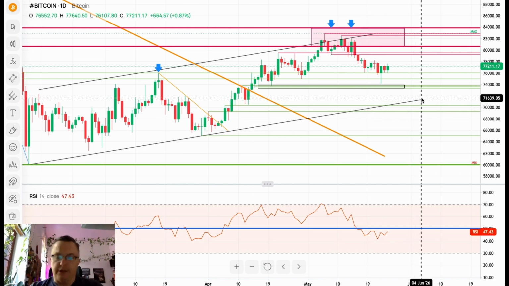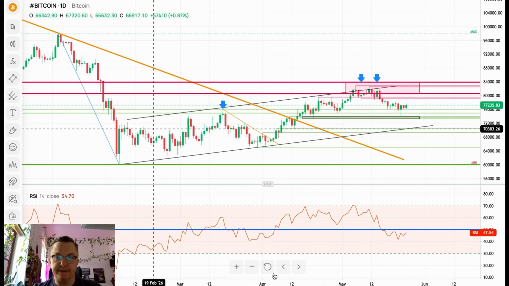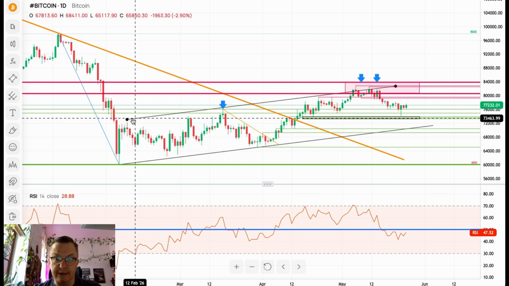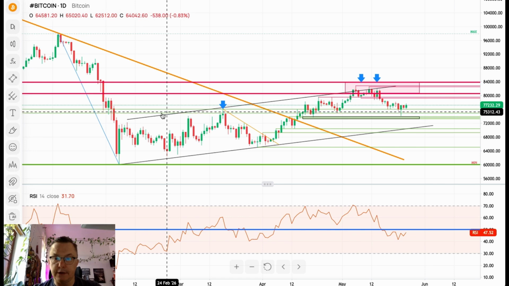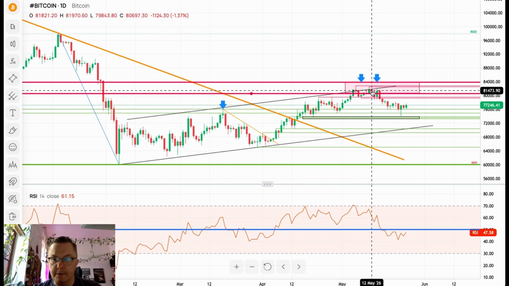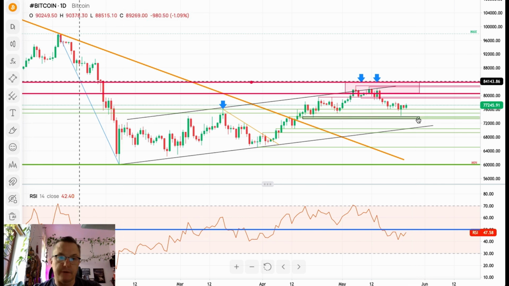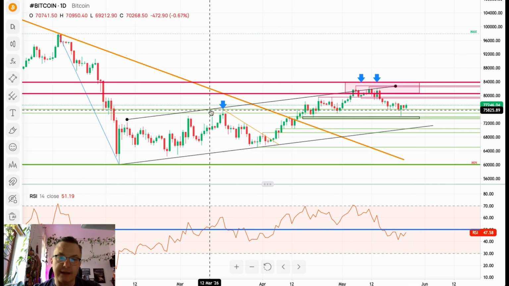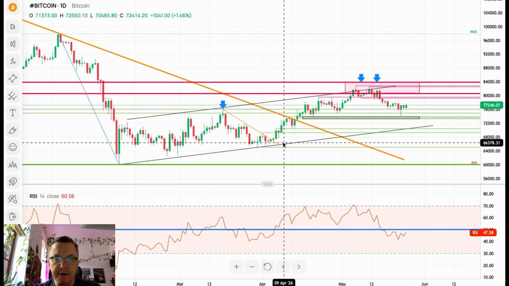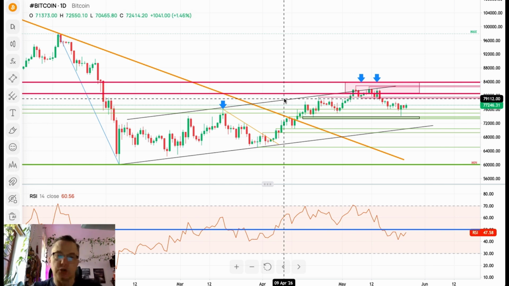But if this situation is correct, then it means the market is developing a downwave because of the bearish flag pattern, or bearish F pattern, however you want to call it.